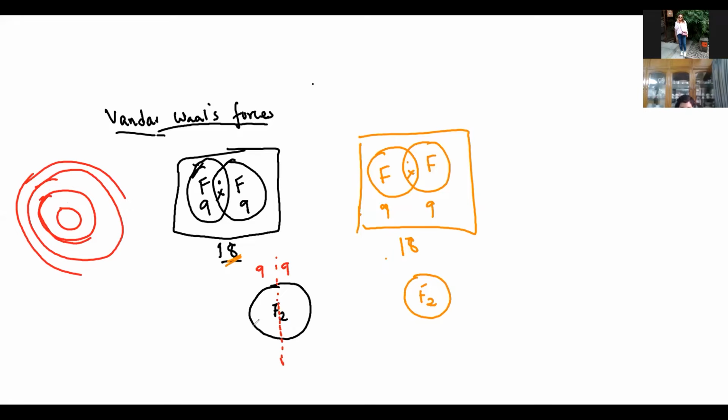হঠাৎ করে, on some instant or under some circumstances, it is seen that out of 18 electrons, there are 14 electrons on one side and 4 electrons on this other side. Or initially they were 9 and 9.